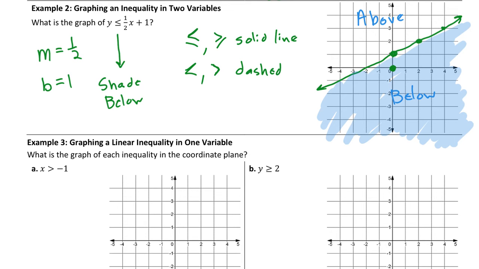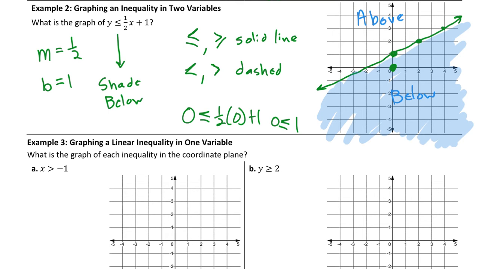So if I try 0, 0, let's just try 0, 0 as a point. If I substitute 0 in for x and 0 in for y, 0 is less than or equal to 1/2 times 0 plus 1. 0 is less than or equal to 1, so that number checks out, so I know I shaded in the right area. So I could pick any point from that area to tell whether it's a solution or not to that inequality.